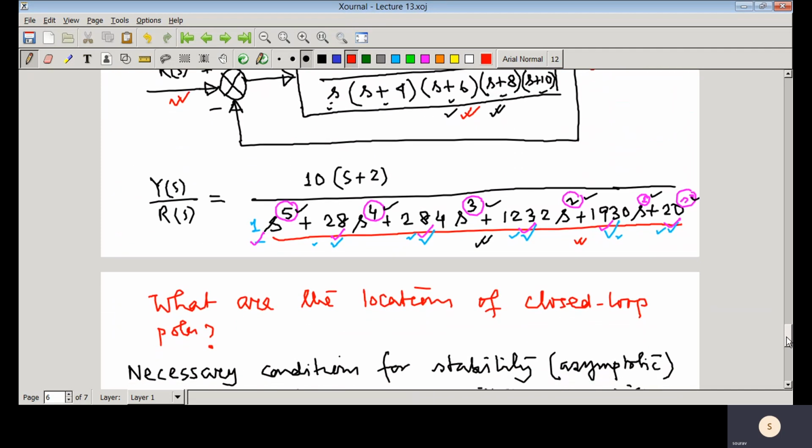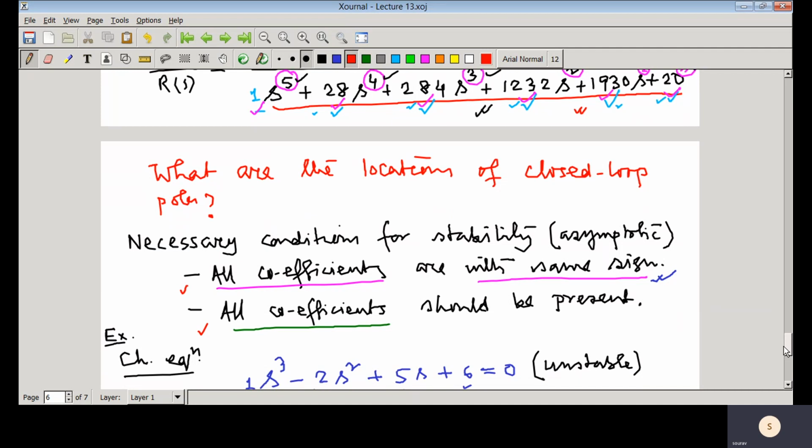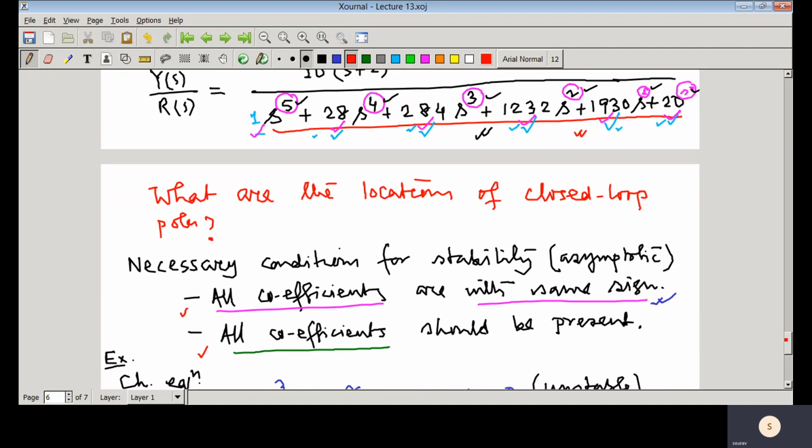And we have taken one simple example and discussed two necessary conditions for stability: all coefficients should be with the same sign and all coefficients should be present. So whenever we have a characteristic equation and find that any one of the necessary conditions failed, we can directly conclude that the system would be unstable.